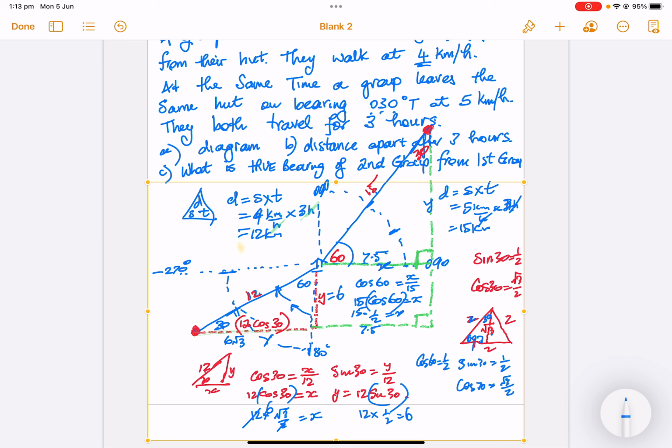And then the Y value is sine of 60, opposite over hypotenuse. So 15 times sine of 60, which is root 3 over 2. That's just 15 root 3 over 2. So I'll leave that as 15 root 3 over 2.